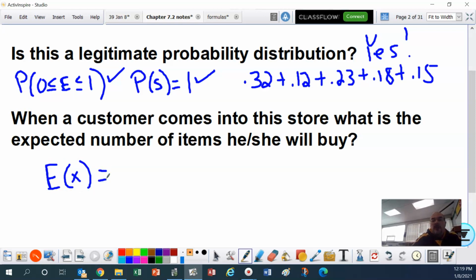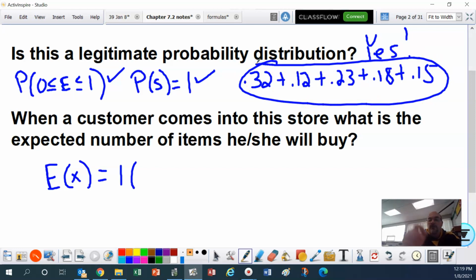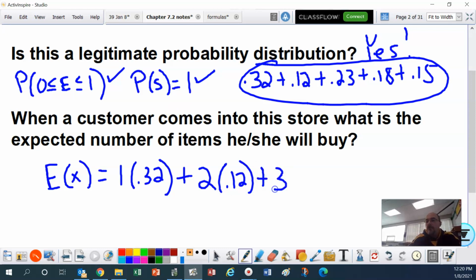We're going to take the one item. I've got the probabilities right here so I don't have to scroll up and down. The probability of buying one item is 0.32, plus two items, the probability of buying two items is 0.12, plus three items, the probability of buying three items is 0.23.